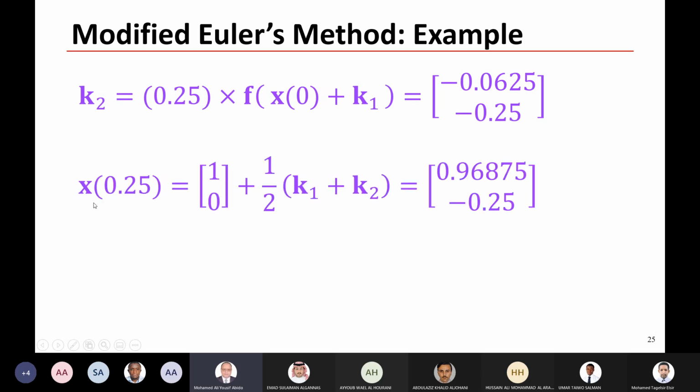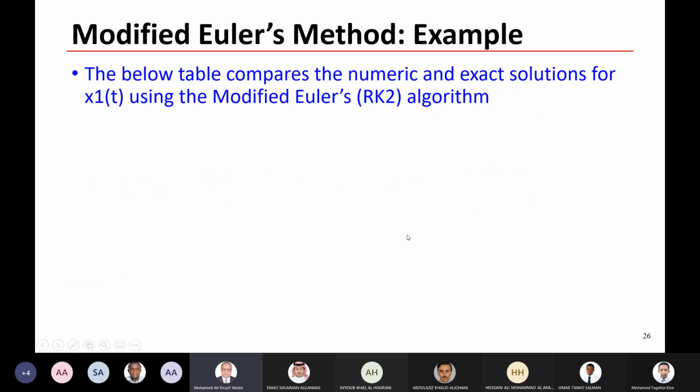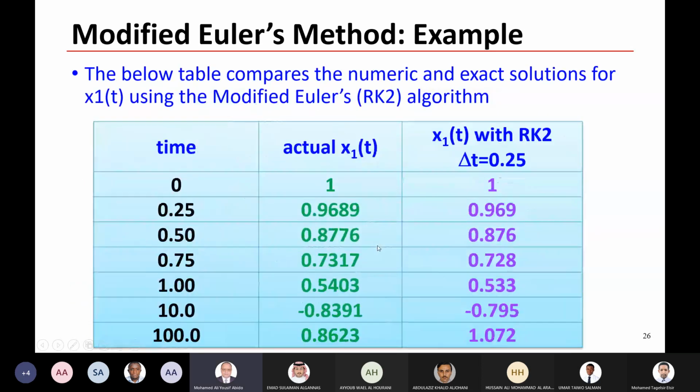And then you can get x of 2, 0 equal to x0 plus 1/2 times f of x calculated at x0 and f of x calculated at the predicted value. So you end up with this value. So you calculate the predicted and then you calculate the corrected value.